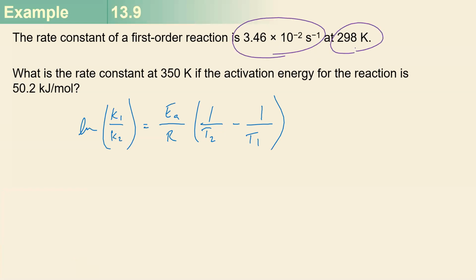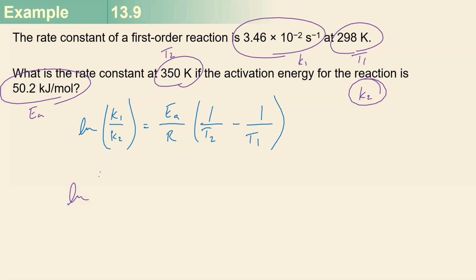It really does not matter one tiny bit which one you choose to be rate constant 1 and which one you choose to be rate constant 2, as long as you make sure you match the temperature with it. If this is going to be k1, then this has to be T1. We have another temperature here, that must be T2, and we have an activation energy, Ea. So the only thing we don't have is k2. That's what we're solving for.